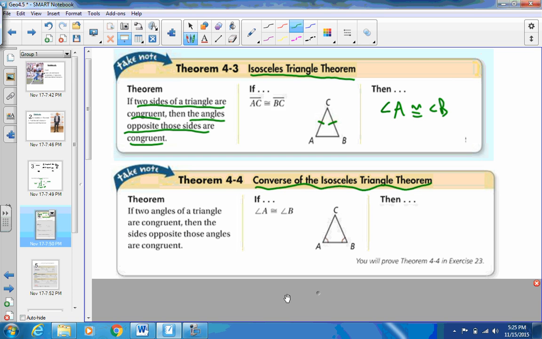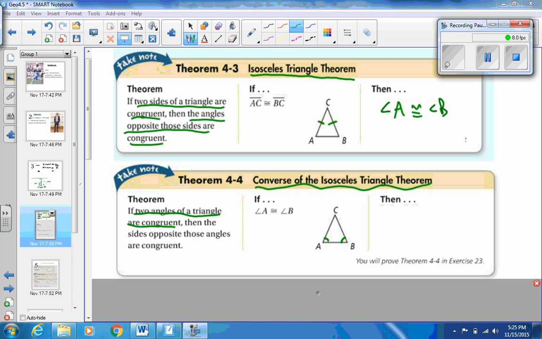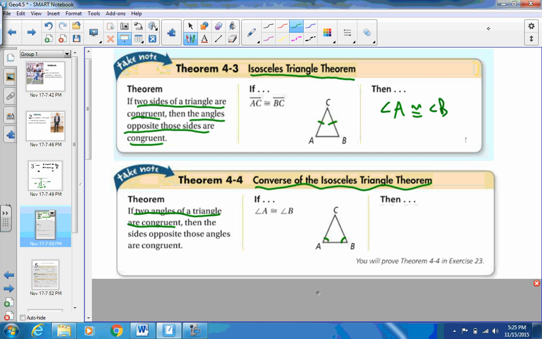If we have two angles of a triangle being congruent, in this case we have angle A and B, then the sides opposite of those angles are congruent. So if we have two angles congruent in a triangle, that makes it an isosceles triangle. Then the sides opposite those angles are congruent as well.